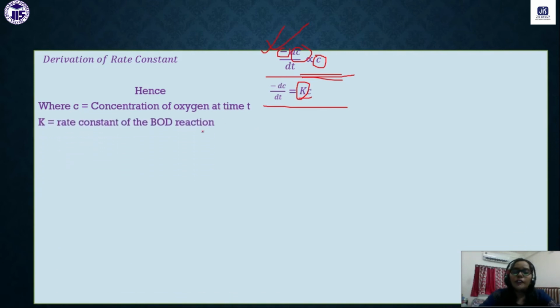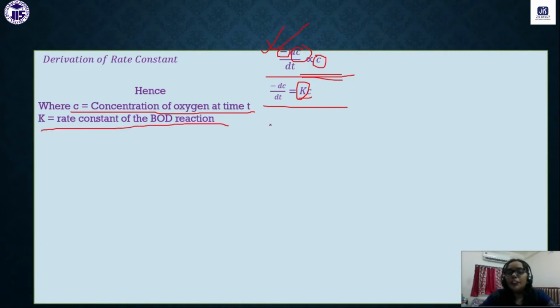I have already told you what C is. C is the concentration of oxygen at time t, and k is the rate constant of the BOD. This is the proportionality constant, and it equals the rate constant.